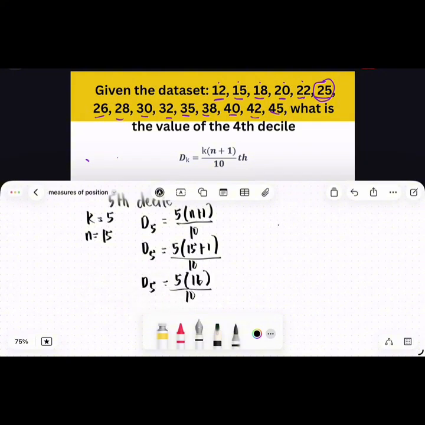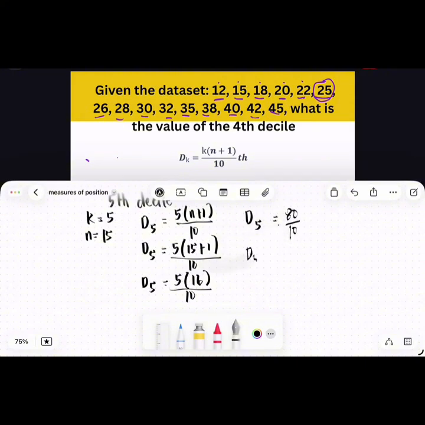Now, proceed with multiplication. So, decile 5 is equal to 5 times 16. So, we need to multiply. So, 5 times 16 is equal to 80 over 10.